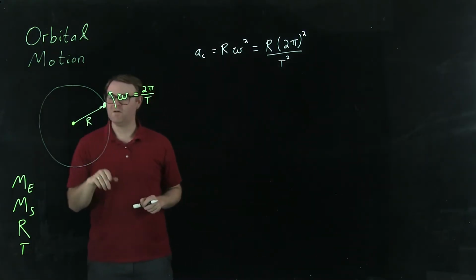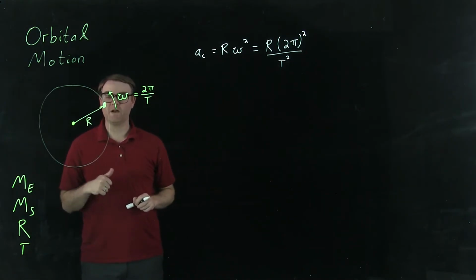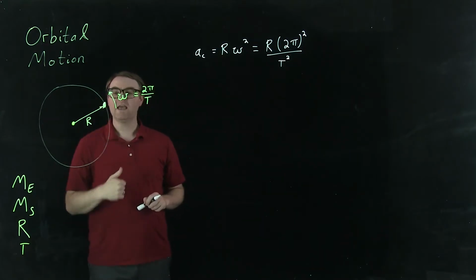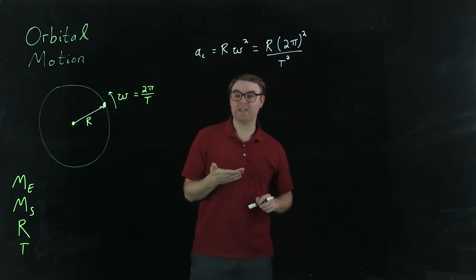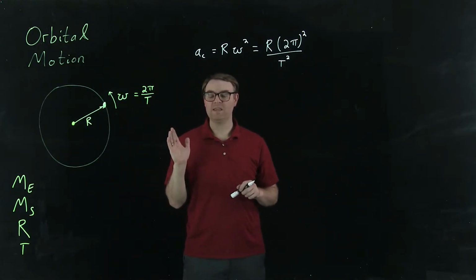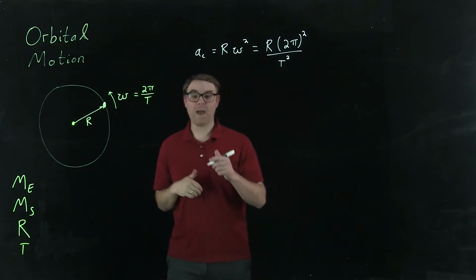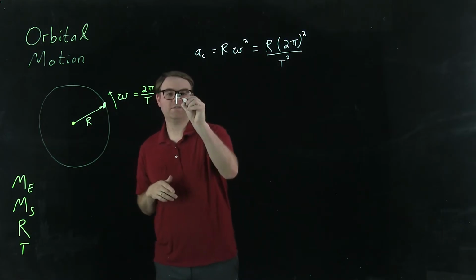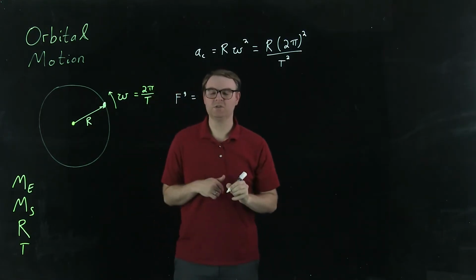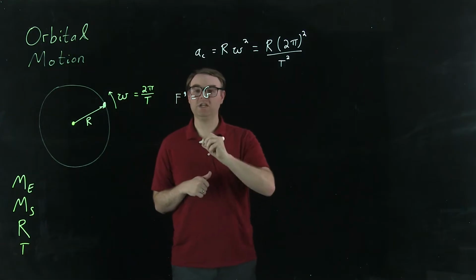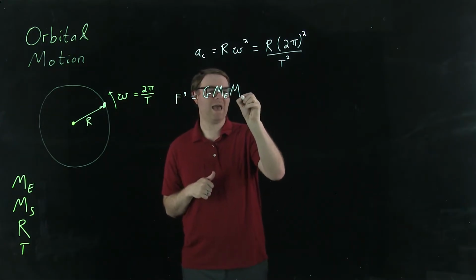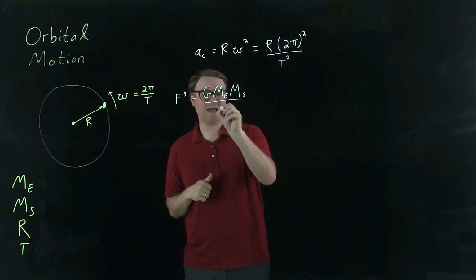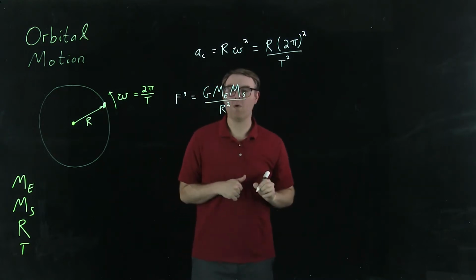Then I can ask myself, well, where does that acceleration come from? There must be a net force acting on the Earth. That force is entirely due to the gravitational interaction between the Earth and the sun. I happen to know that the gravitational interaction between those should be capital G, the gravitational constant, times the mass of the Earth times the mass of the sun divided by the distance between them squared.